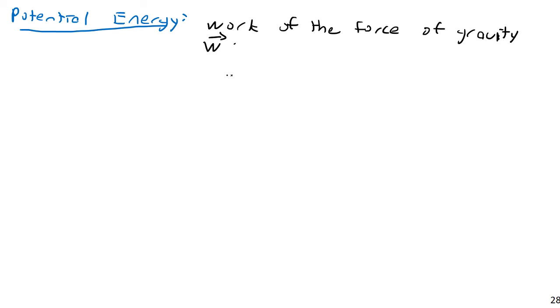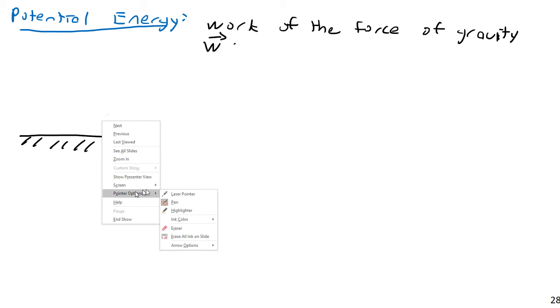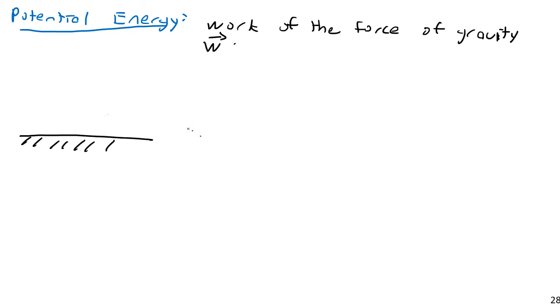And so say I have an object that is going on a path, and it can be an arbitrary path here.